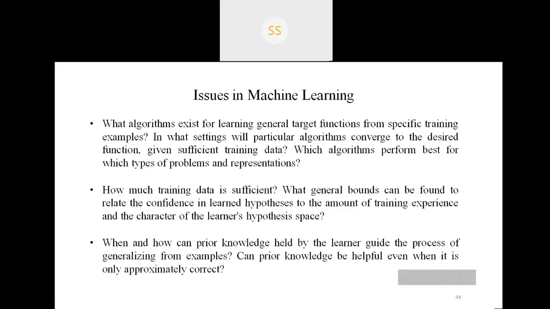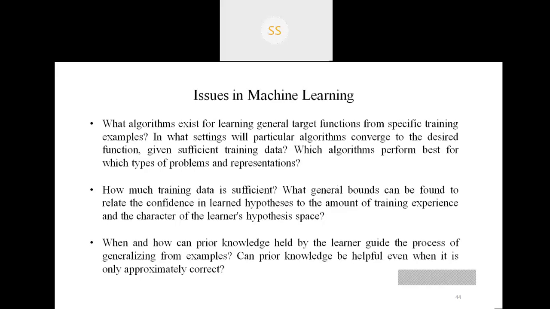That is one issue with respect to machine learning. The second one is how much training data is sufficient. If you have a good target function, how much data are you supposed to pass for the given training examples?